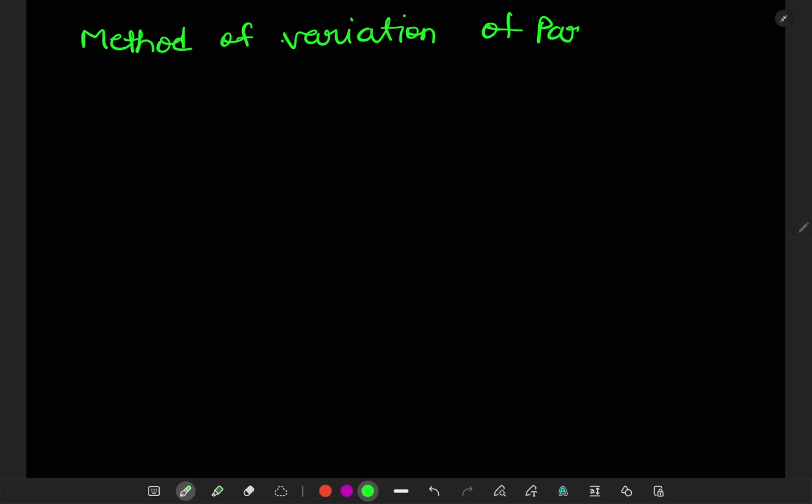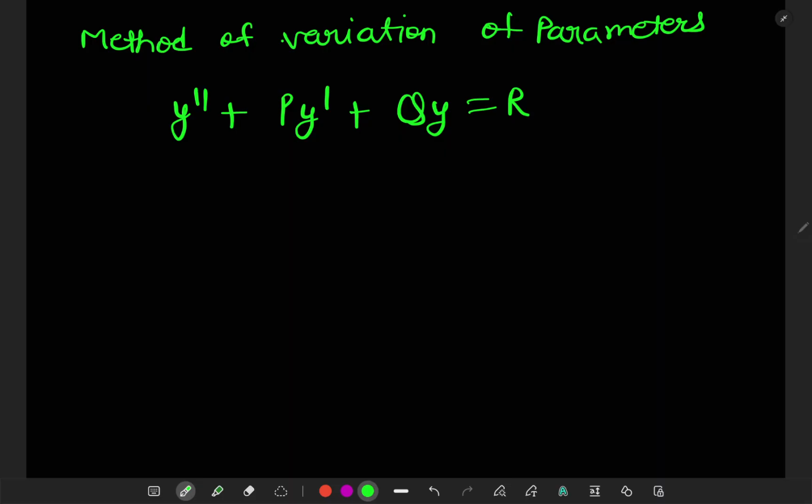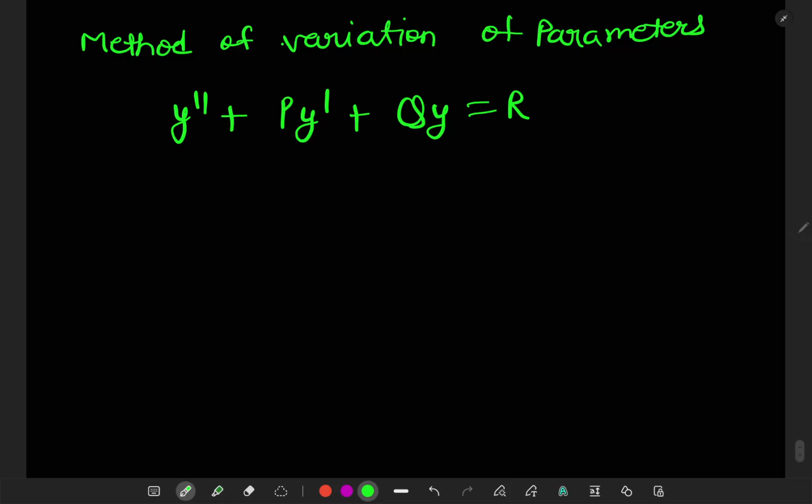Let's do another method for solving differential equations, which is named the method of variation of parameters. This is valid for only second order differential equations.